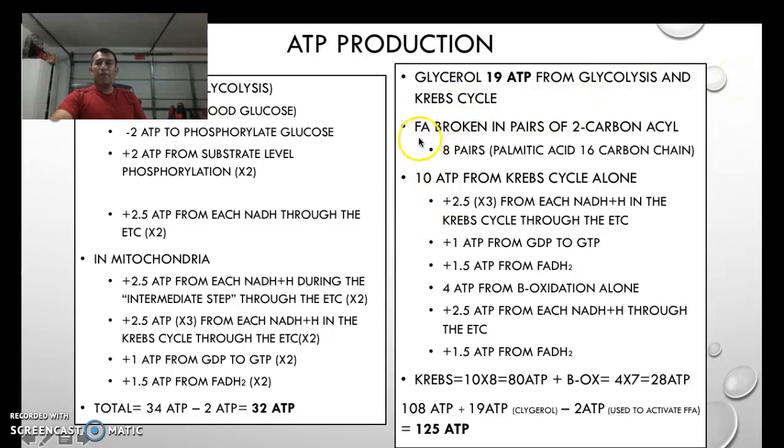And then free fatty acids, because we're doing 8 pairs of palmitic acid, a 16 carbon chain, 10 ATP from the Krebs cycle alone, so the Krebs cycle gives us 80 ATP. And beta oxidation, because again it only goes through 7 times and yields 4 ATP per cycle, gives us 28 ATP. So for a total of 125 ATP.